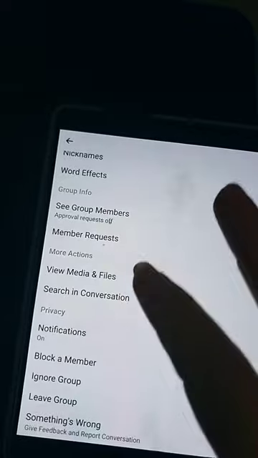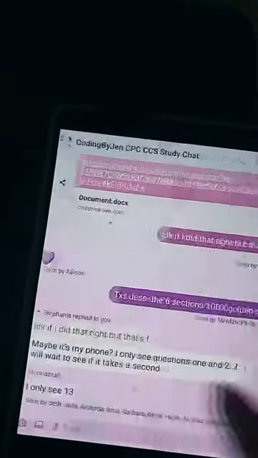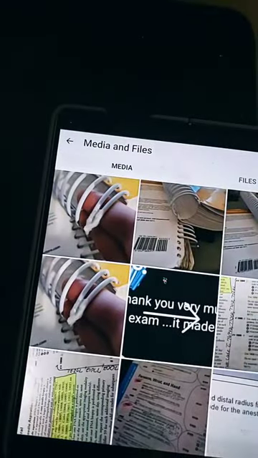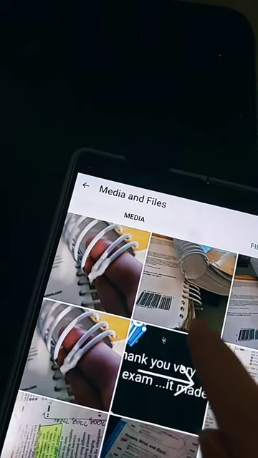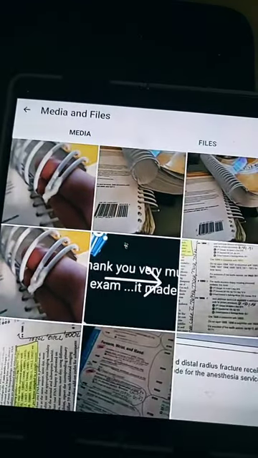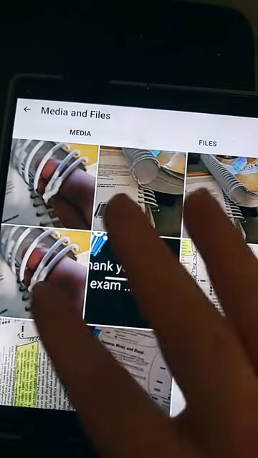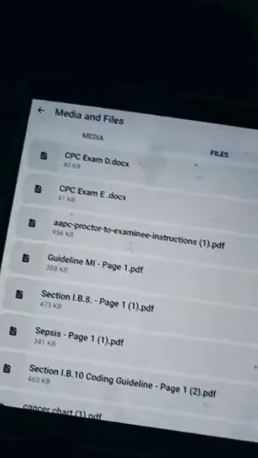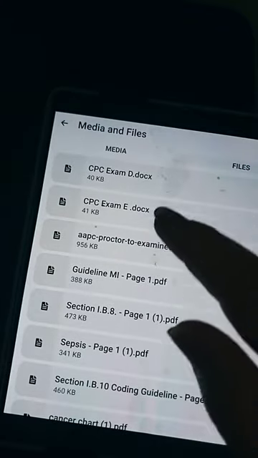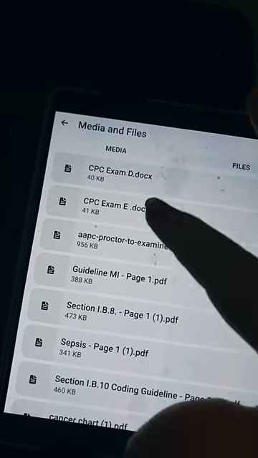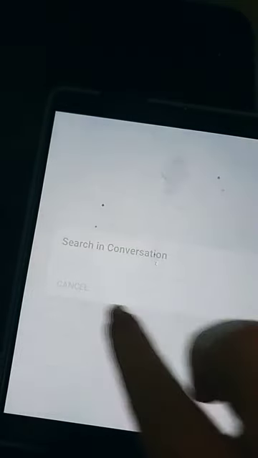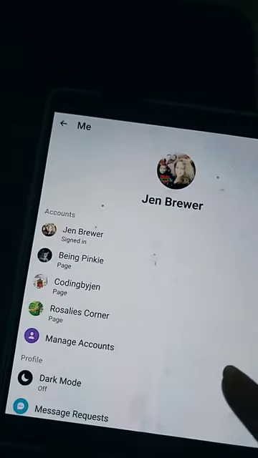Then also you can view files and media, where you can see things we've already shared. Like today I was showing them how to hot glue the tips end of their books so that they don't end up looking like this by the end of the year. We've already got scanned pictures of our books and notes and things. This is a screenshot of what files we've shared with each other. If you search by file, you can find them there. And then you can also search conversations. So super helpful little group there.